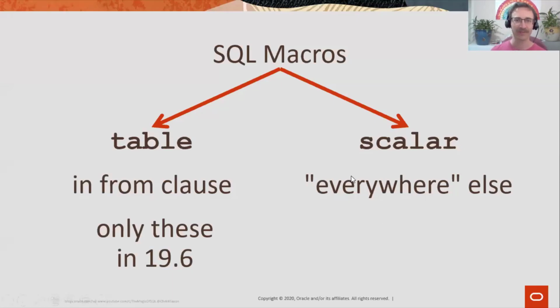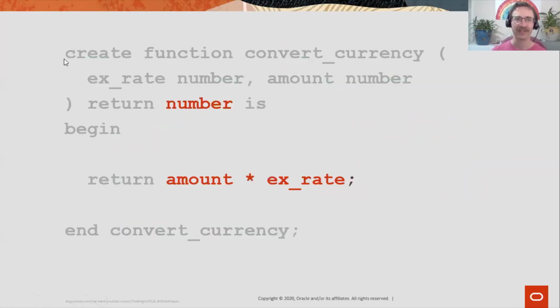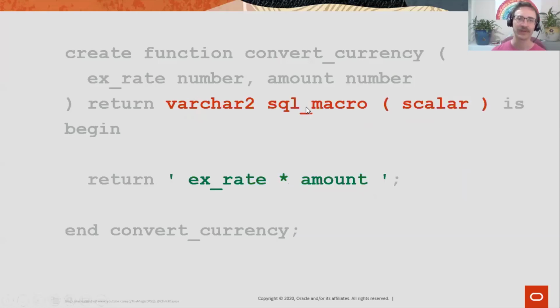I've talked a bit about table macros in the past. Today I'm going to focus more on scalar macros, because we can see how to use those to write these functions. In the past, we'd have our function like this: return number, do our calculation. To make it a macro, we're now returning a varchar2, with the clause SQL macro, scalar; it could be scalar or table, and we're returning a string.